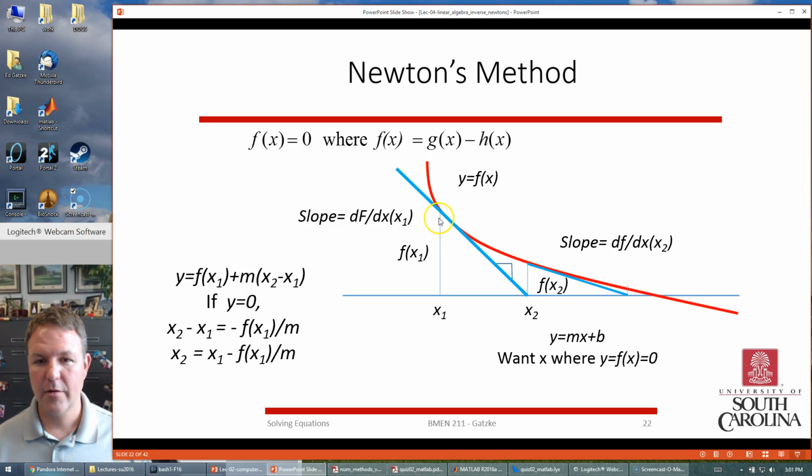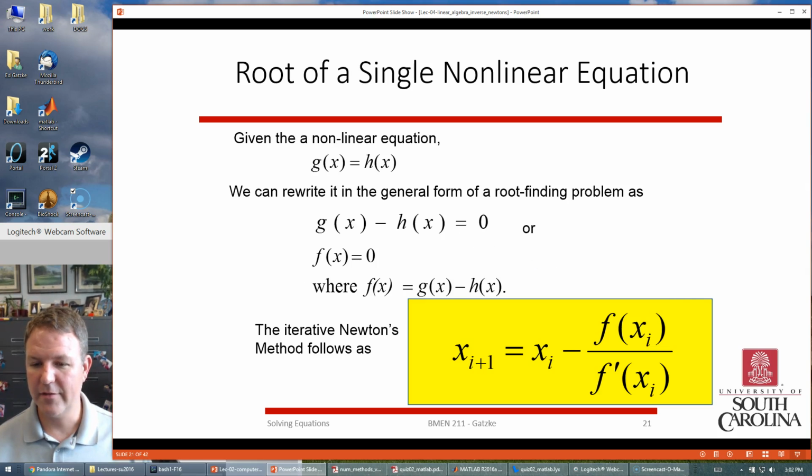And after 1, 2 iterations, we're actually pretty close to the solution. 3 or 4 iterations would get us there very quickly. But you have to know the slope and the value of the function. At each point, you have a starting point, figure the function value and the slope, and plug it back into this update formula.